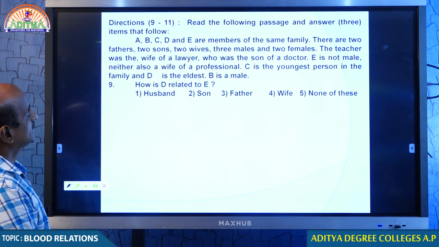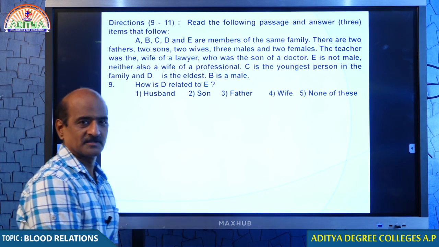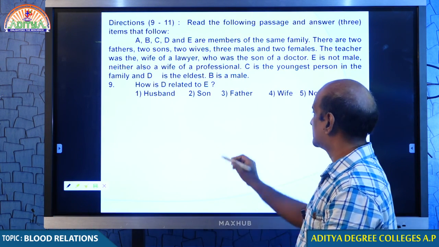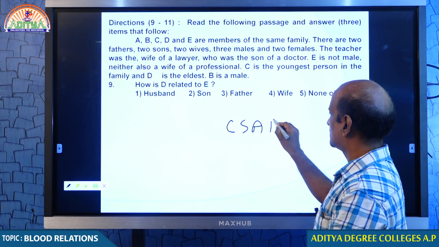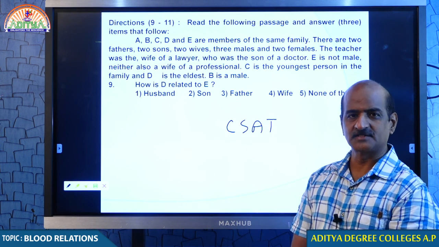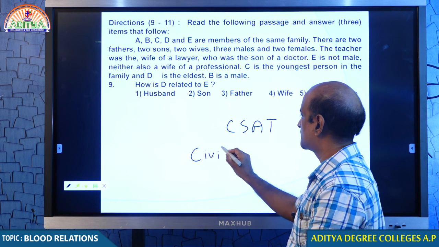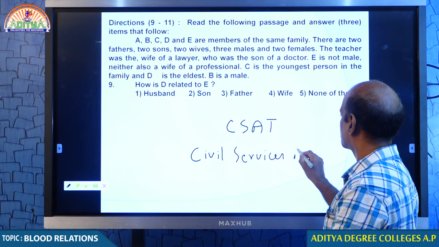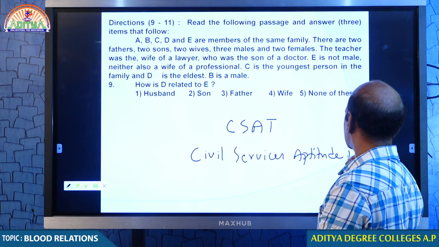A, B, C, D and E are members of the same family. My dear students, the question I am going to teach you is given in CSAT. CSAT means Civil Services Aptitude Test.